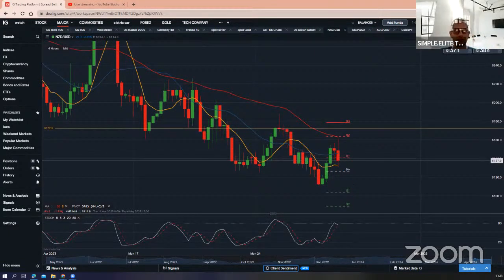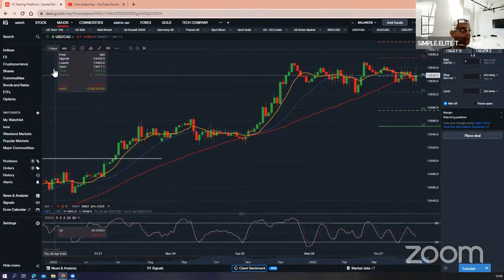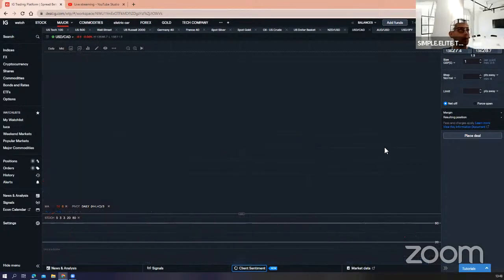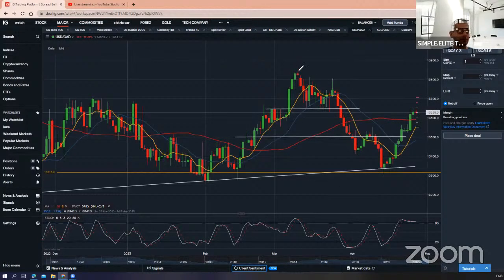It looks interesting. Dollar CAD I'm not interested in because its price action is very, after this nice downtrend, now the dollar is gaining, but it's a big phase one.